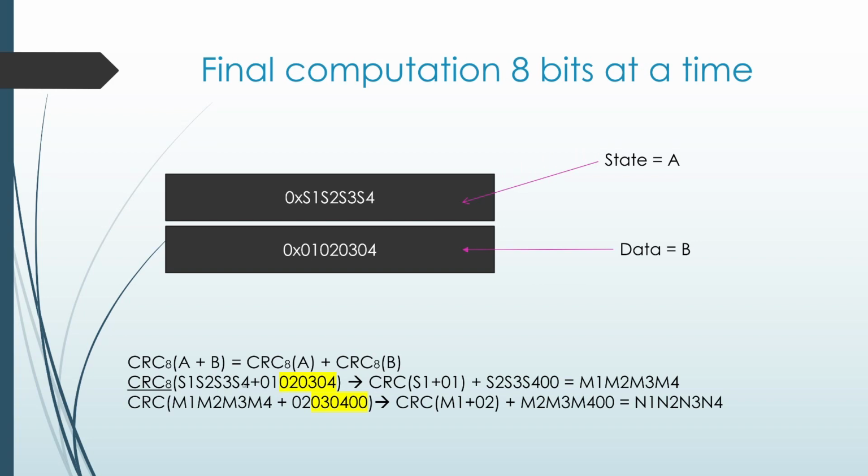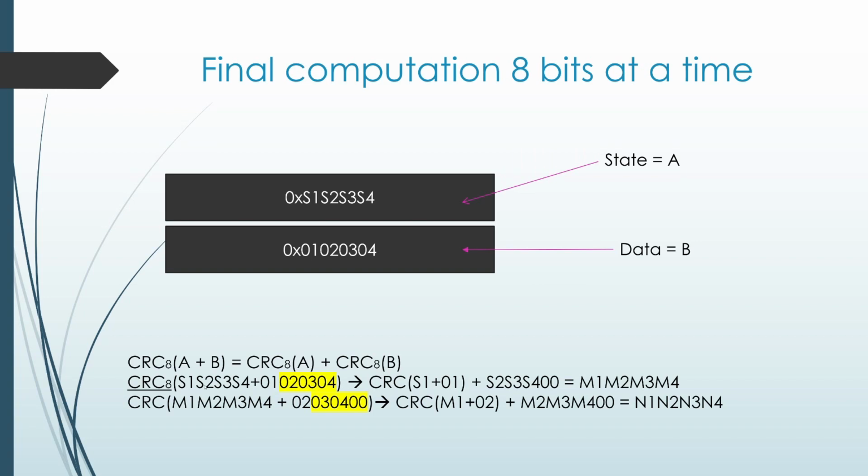So CRC of this plus this is really CRC of, we can only compute one byte at a time. If you compute one byte, it's only going to be looking at S1 and this 01. So S1 plus 01, this CRC is the 8-bit table that we just computed. It's CRC32 computed over 8 bits of S1 plus 01, and this plus is really the XOR operation. So S1 XOR 01 will give some value.